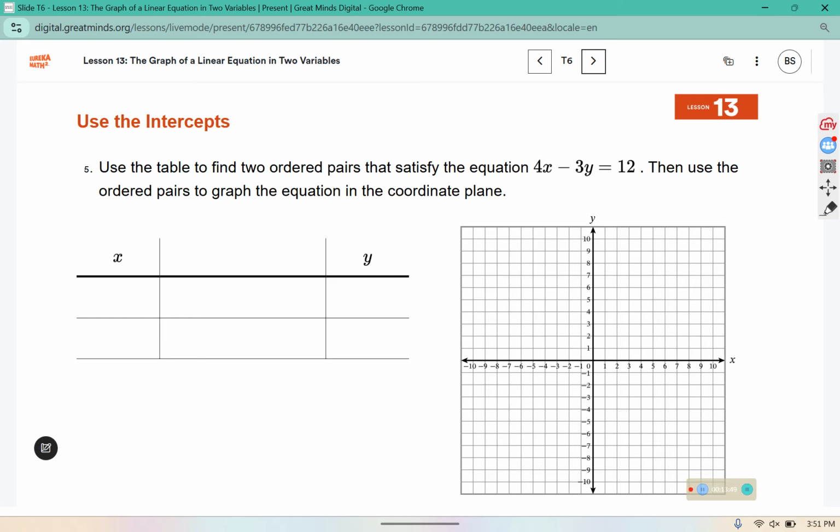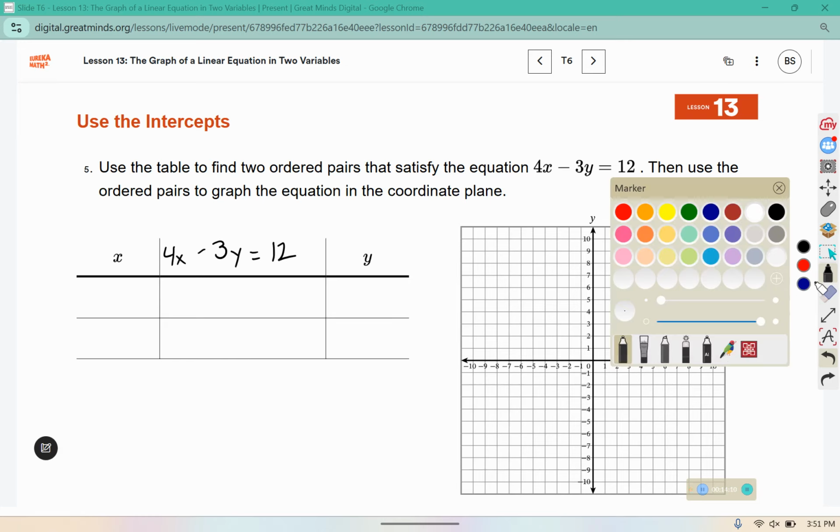Use the table to find 2 ordered pairs that satisfy the equation. Then use the ordered pairs to graph the equation in the coordinate plane. So our equation here is 4x minus 3y equals 12.